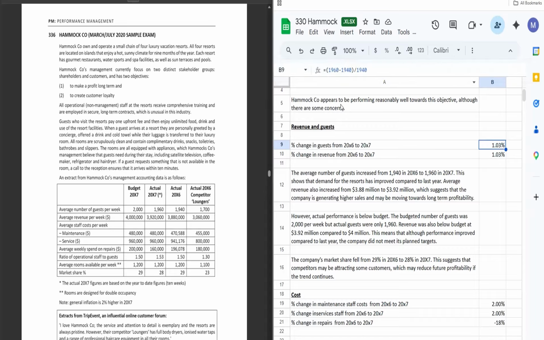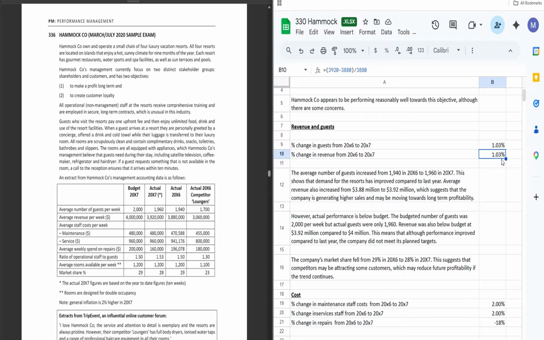I have taken the current year figure minus the last year figure, divided by the last year figure. It shows that the number of guests has increased by 1.03%.